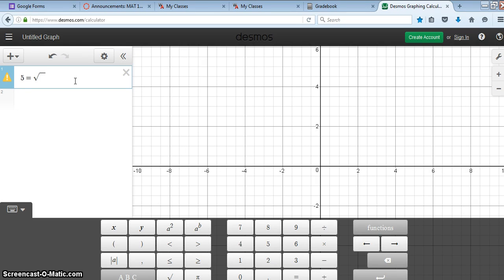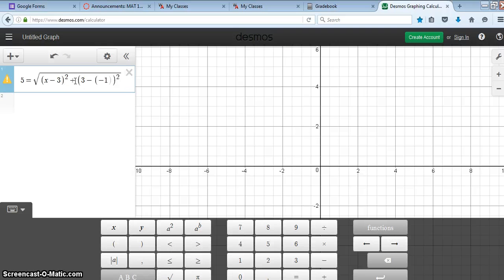square root of, if we did our x's first, we'd have x minus 3 squared plus 3 minus negative 1. And again, that's just plus 1, but I put it in parentheses.